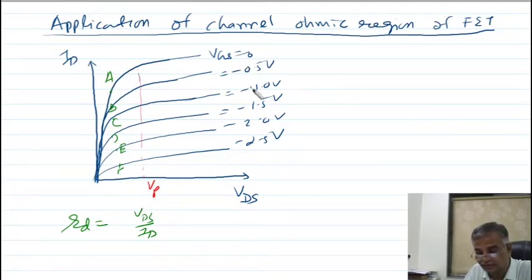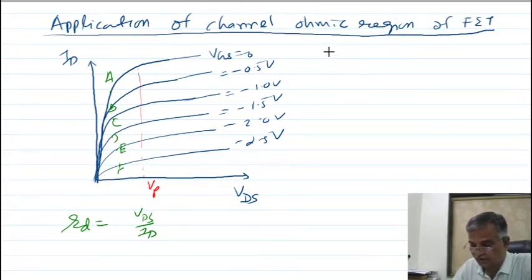It depends upon the gate voltage. It means the resistance offered by the FET depends upon the gate voltage. So in this channel ohmic region, the resistance offered by the FET varies with the voltage.